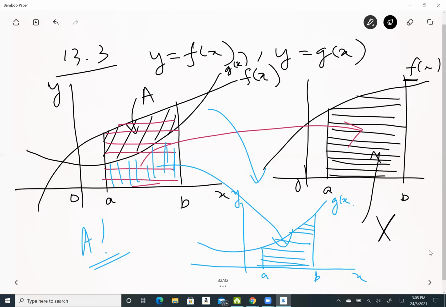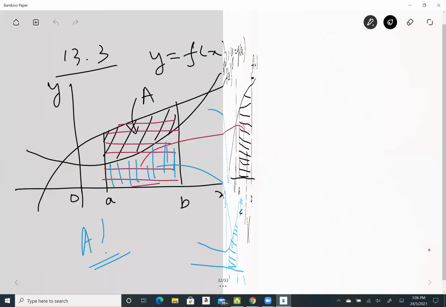Under g. Under g, okay? So the area A is the difference between the area under f and the area under g over AB, because we're looking at the same interval. If you are looking at different intervals, then there is nothing that we can do, okay? So the area A is the following.